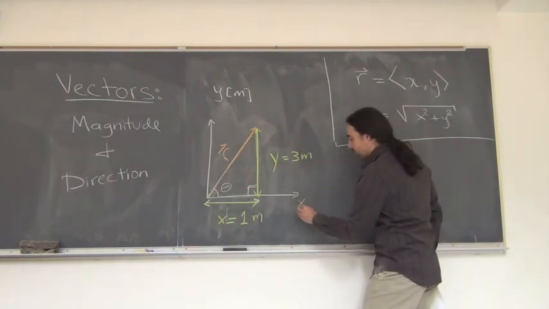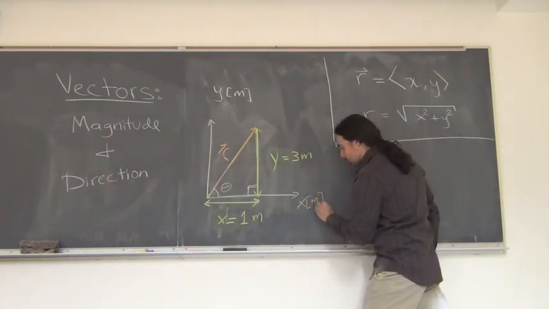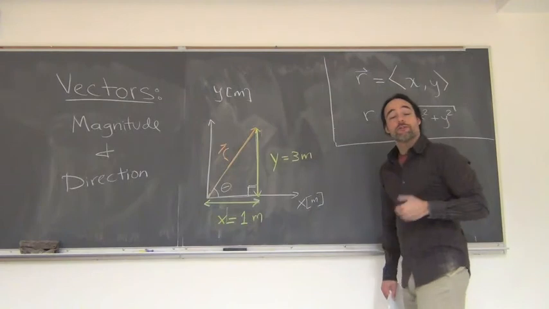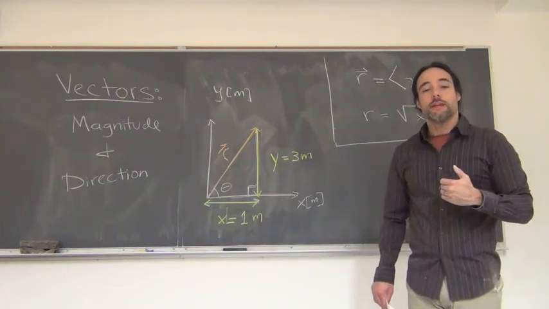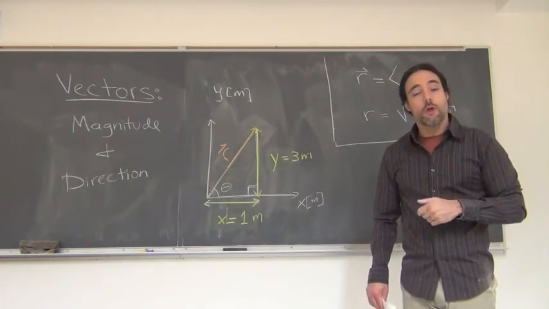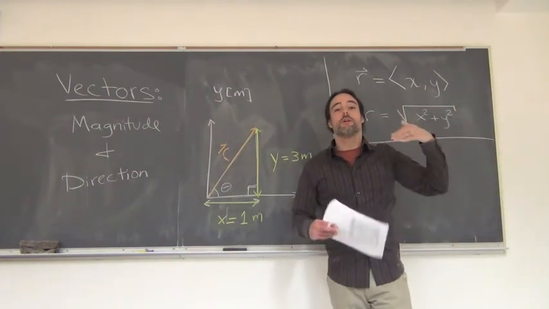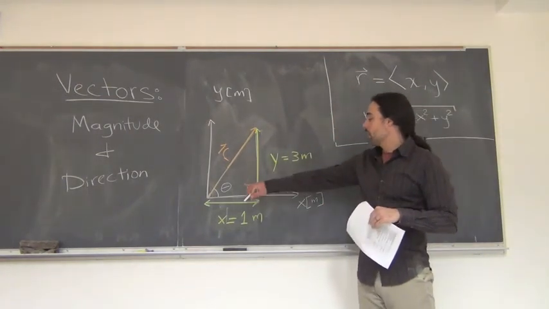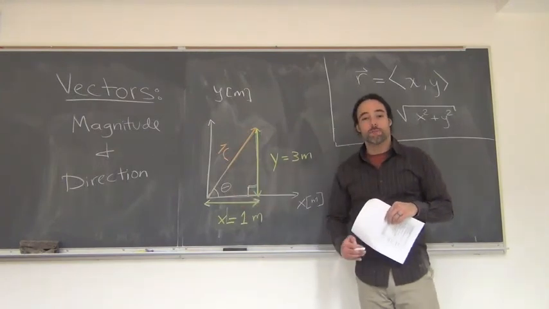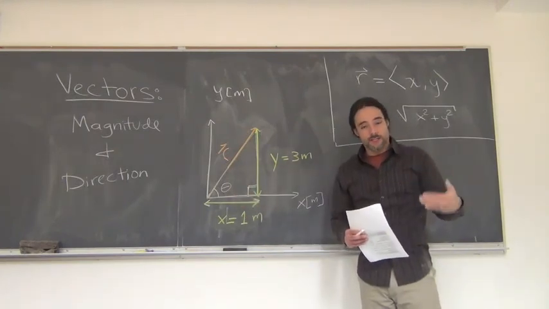So if this is my x-axis, the angle from that axis tells me the direction that the vector points. All I need to do to specify the direction is just tell you what angle the vector is pointing at.